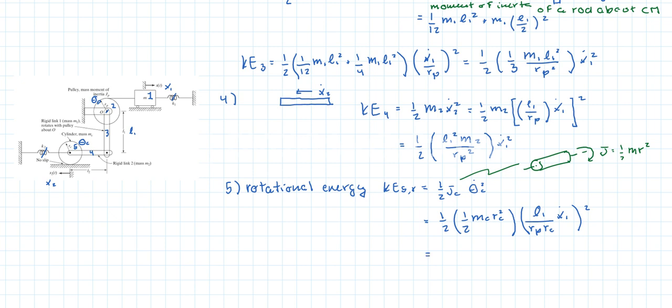So that's equal to 1/2 times, RC will disappear because it's squared, and so we have L1 squared MC over RP squared, times x dot sub 1 squared.